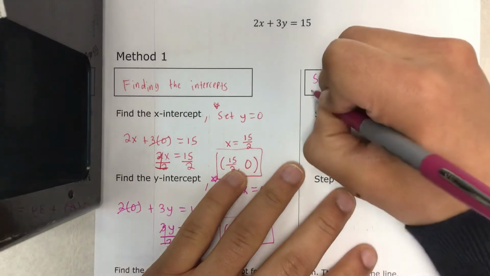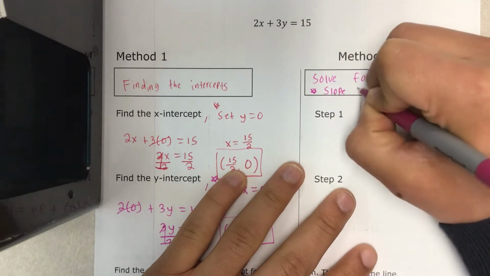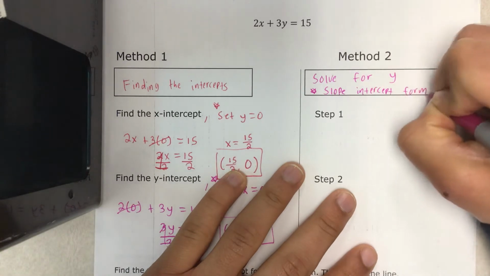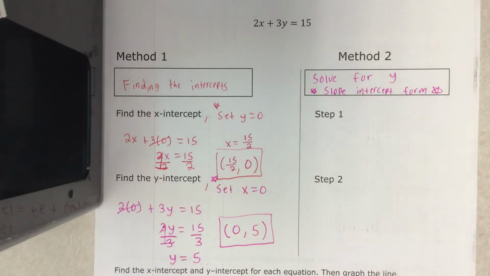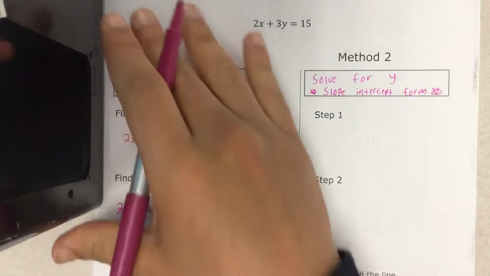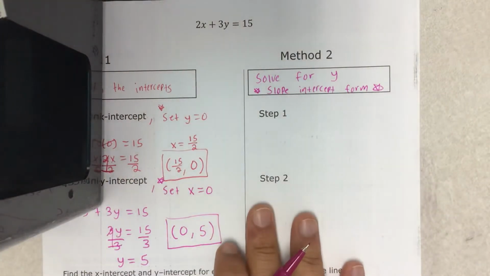And what that does, I'll put a little star here, is that changes it into slope-intercept form, okay? And we've done this before. We just haven't written down all the steps for it, okay? But we've done this type of method before. Let me try to slide this underneath. There we go, okay?